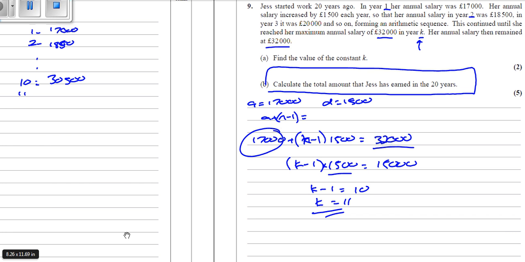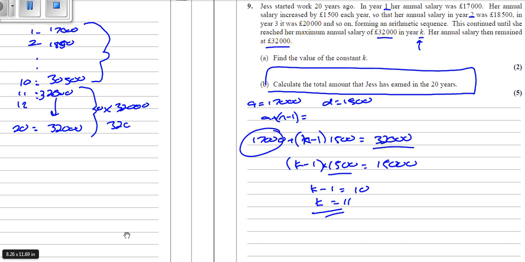And then 11, 12, all the way up to 20, it's going to be 32,000. So what we've got is an arithmetic sequence there, and then we've got 10 years at 32,000. So that's 10 lots of 32,000, which is 320,000 for that one.